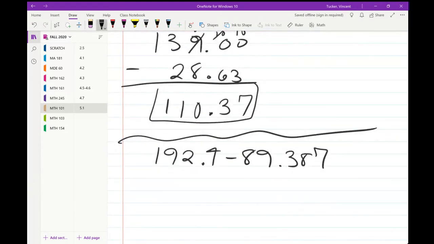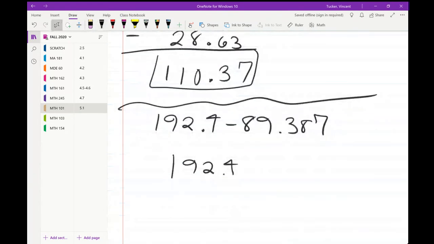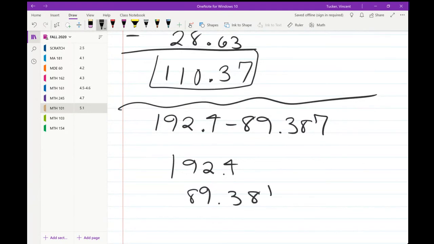All right, so let's do it at least one more time. We got 192.4, 89.387. Gonna subtract, add 2 zeros for placeholders. Can't take 7 out of 0. So I look to borrow. Can't borrow from nothing. So I look to borrow from 4.